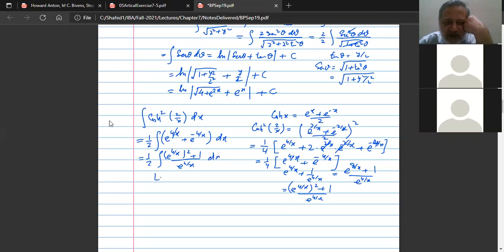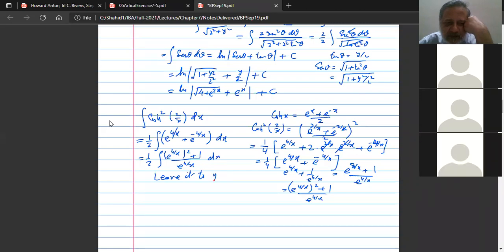I will leave this for your further investigation, and I hope you can do that. It is something like t square plus 1 upon t, variable squared plus 1 upon variable.